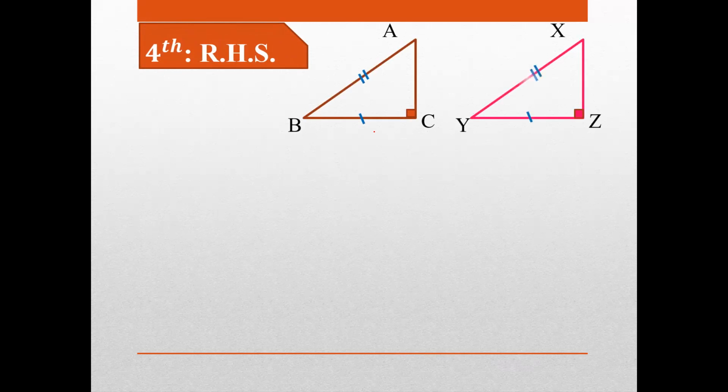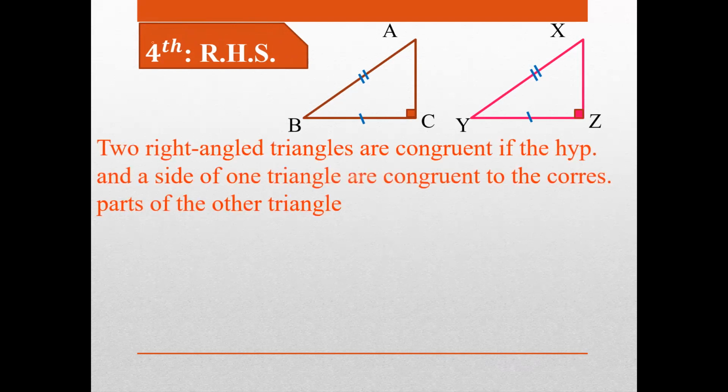Now the last case, and it's just for the right angled triangle. It's called right angle, hypotenuse, side, or RHS. It's only for the right angled triangle.